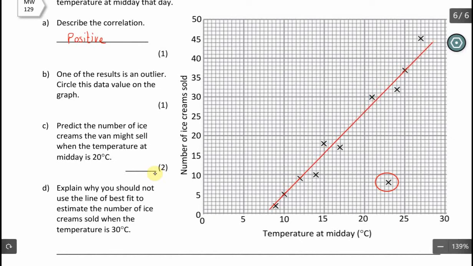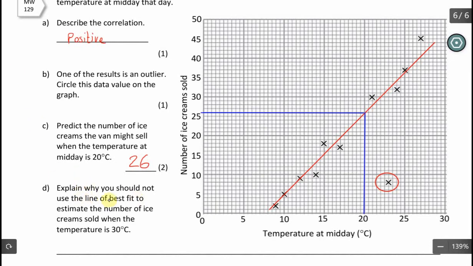So with a line of best fit, we do it by eye, make sure it's straight, try to get roughly the same number of points above and below the line, and try to make sure it represents the data as accurately as possible. So now we're going to go up from 20 degrees, and on my graph, yours might be slightly different, but on mine that predicts that about 26 ice creams will be sold on a day like that.